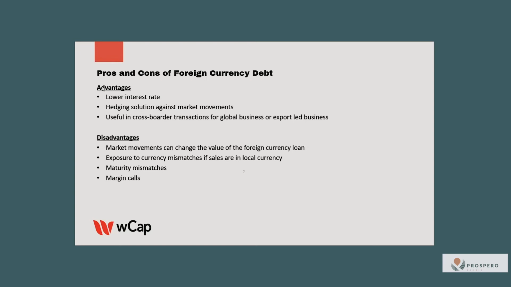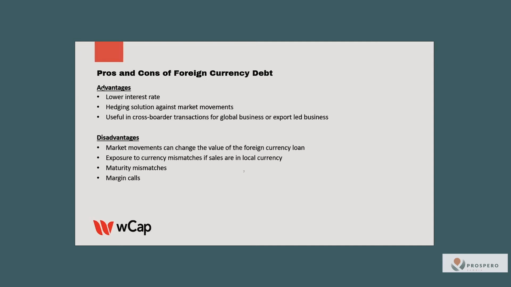Foreign currency loans can also be used to hedge against local currency volatility and inflation. It's also a natural hedge on foreign assets. When I say hedge, I mean protection. And it reduces cross-border funding transactions if one has a global-based business or an export-led business.